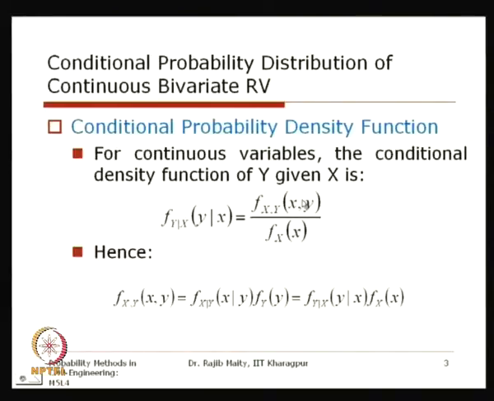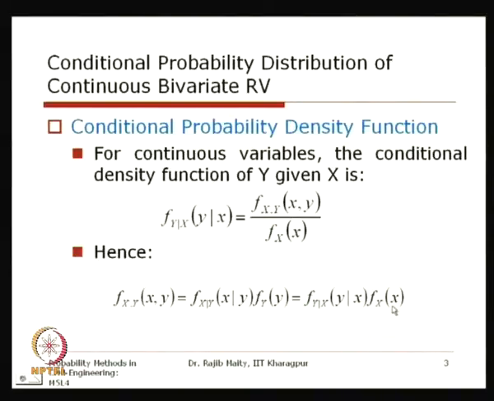After some algebra, taking this to the other side, we get that the joint distribution of x and y is equal to the distribution of y on condition x, that is y given x, multiplied by the marginal of x.